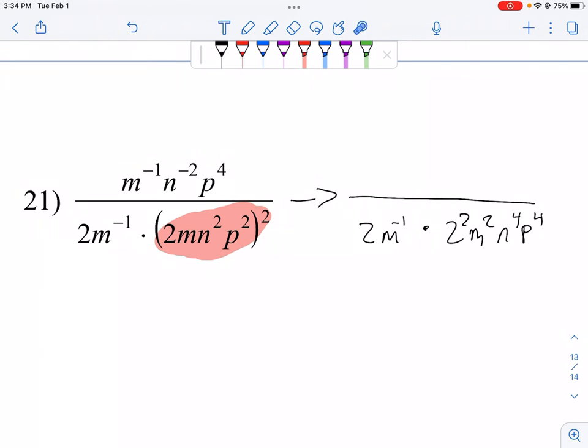And heck, while I'm at it, so I took care of this whole bottom. Actually, while I'm at it, let's take this m to the negative 1, and it's supposed to be up here. It'll be positive. And then I'm going to look at my numerator, and this is going to move down to become positive. This is going to move down to become positive. And p to the 4th stays.